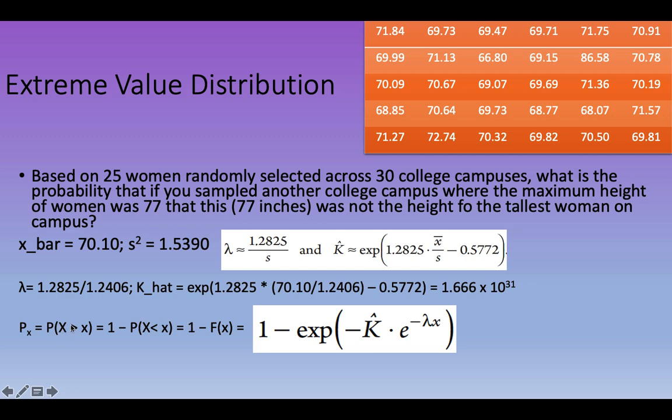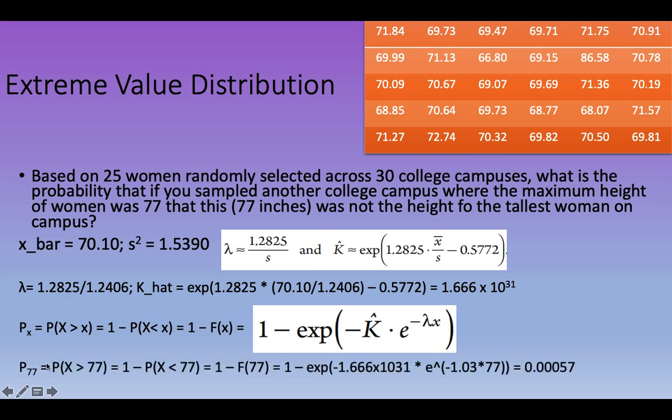So what's the probability that I'm going to get a value that's greater than 77? That's equal to 1 minus the probability that I'm going to get a value that's less than 77. And that can be calculated using this equation. So I can just plug in these values, and figure out, based upon this value of k hat and this lambda, what's the probability that this woman was not the tallest woman on campus?